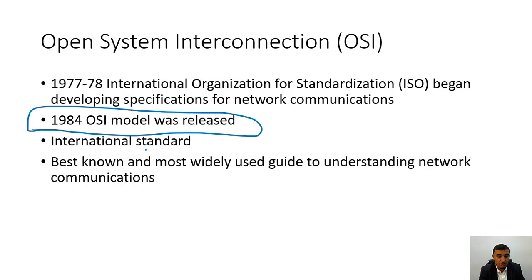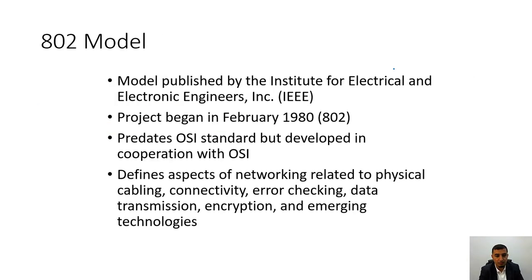It's an international standard best known for its guiding and understanding of network communication. So when we talk about networks, we always talk about the OSI model, which is from the ISO. It's funny how OSI is the open system interconnection and ISO is the organization, the opposite letters.